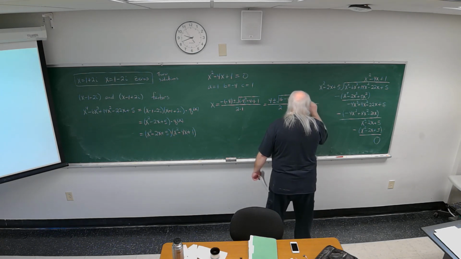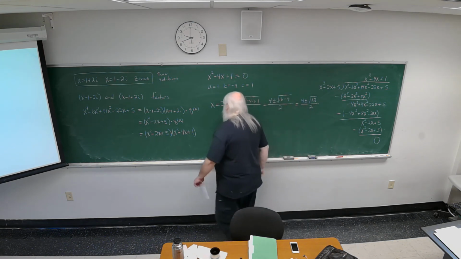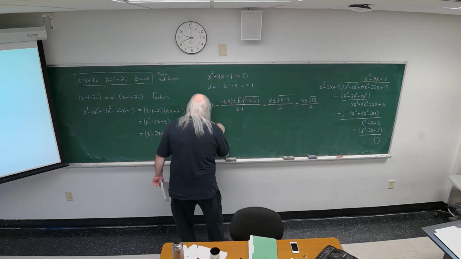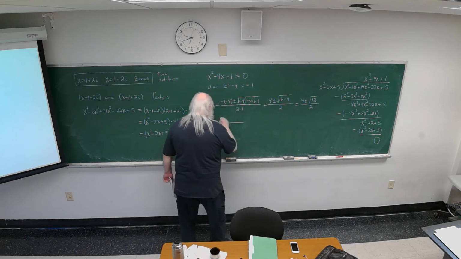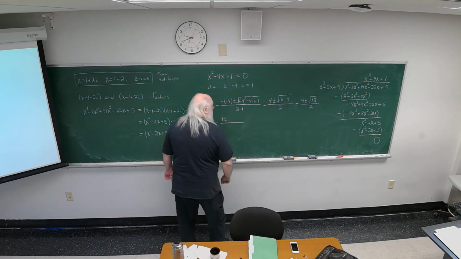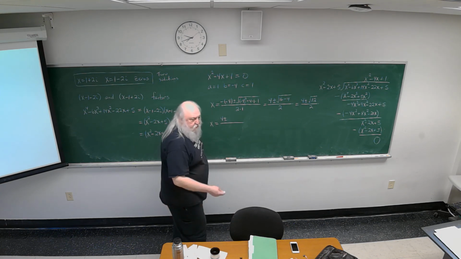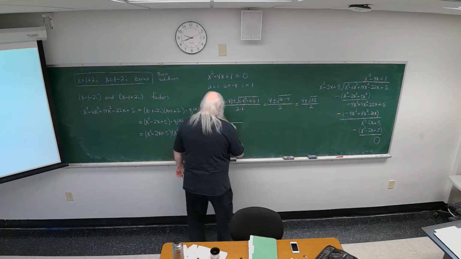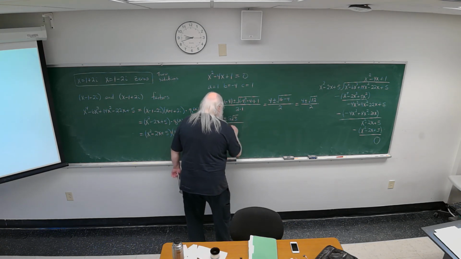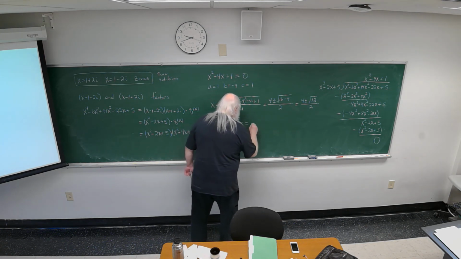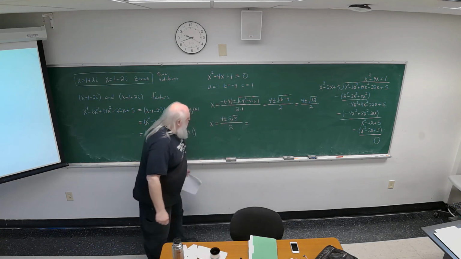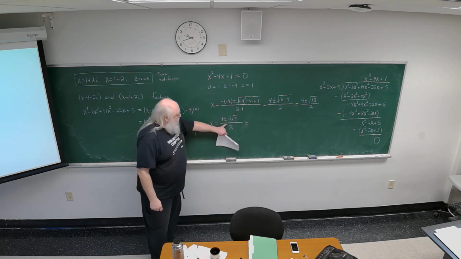4 plus or minus the square root of 12 over 2. Well, square root of 12 is equal to 4 times 3, and the square root of 4 is 2. So the square root of 12 reduces to 2 times the square root of 3. And again, fraction bars are like division symbols.